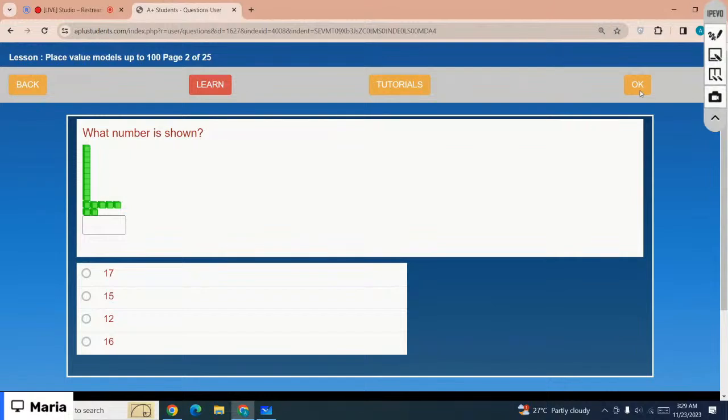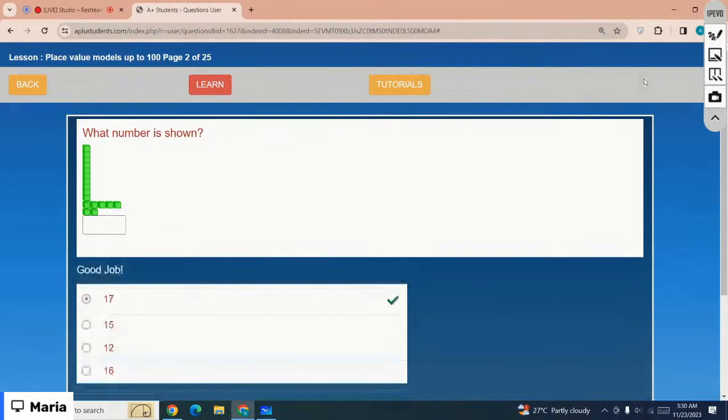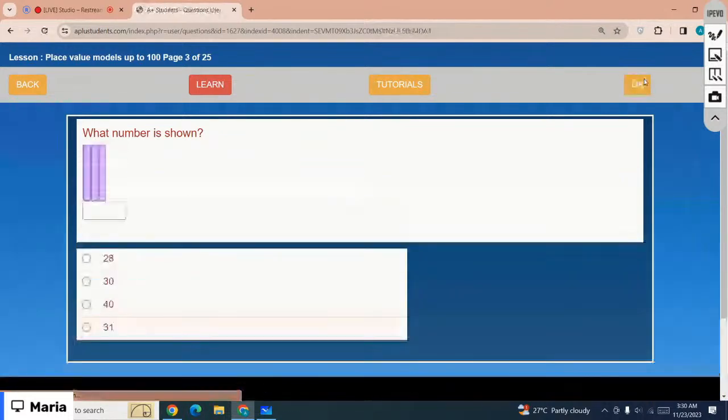You have only, yes, together they make 17. You have only one line for the tens and seven single blocks. So together they make 17. Which number is shown? Which is the correct option?